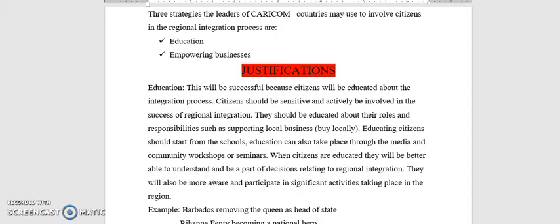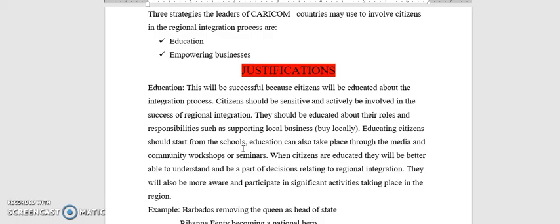Example, supporting local businesses or supporting regional businesses, right? Educating citizens should start from the schools, right? So in other words, regional integration should be a part of the school's curriculum. So from an early age, as a primary school student, they should know about regional integration.